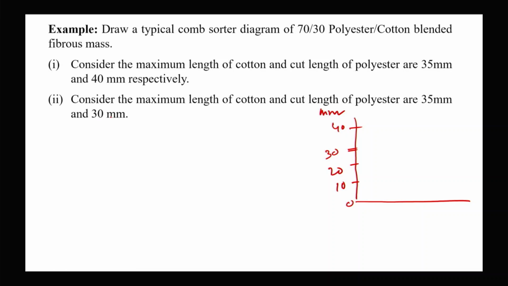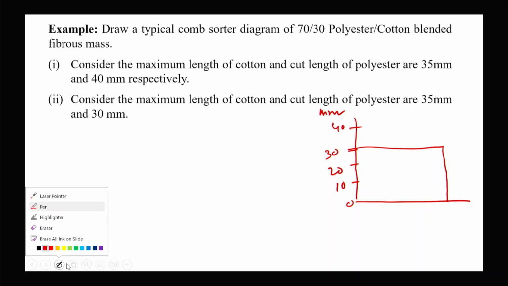The cut length of polyester is 30 mm, so this is the comb sorter diagram of polyester, and if we want to draw the comb sorter diagram of cotton with the 35 millimeter maximum length, this will be 35.